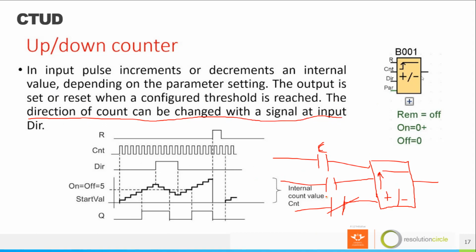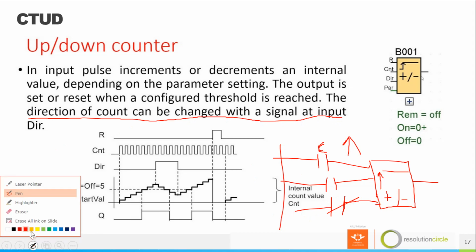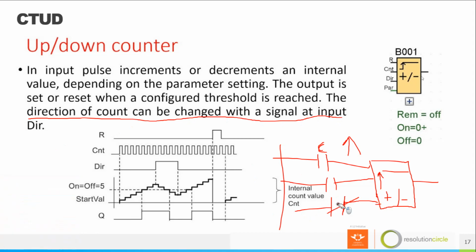So for this to count up, there must be power powering your direction. But now let's say you are no longer powering your direction. What will happen? Whenever I press here, it will decrement. But if this is closed, it will increment whenever I press a counter.